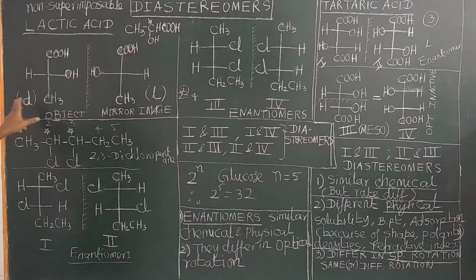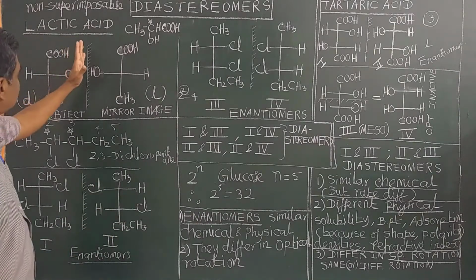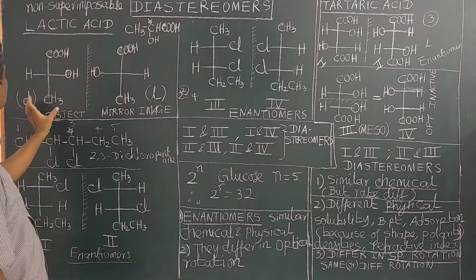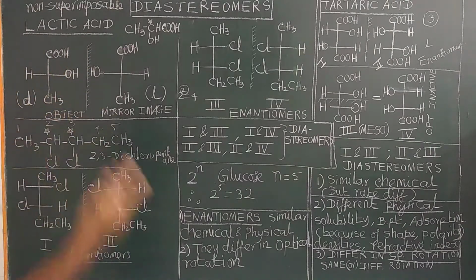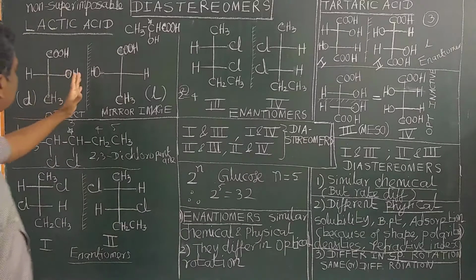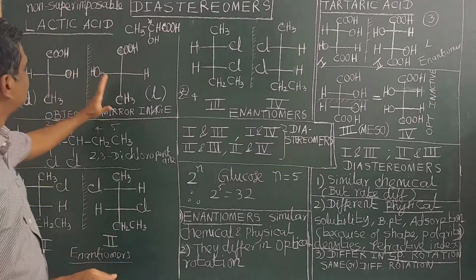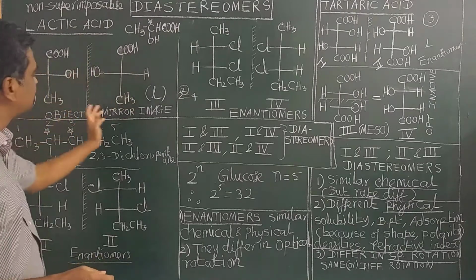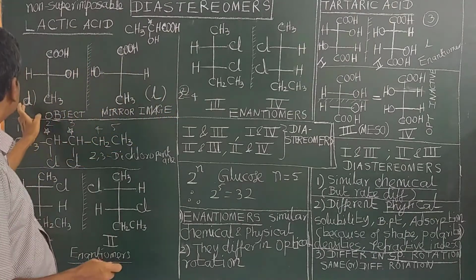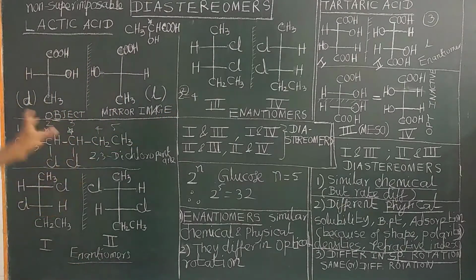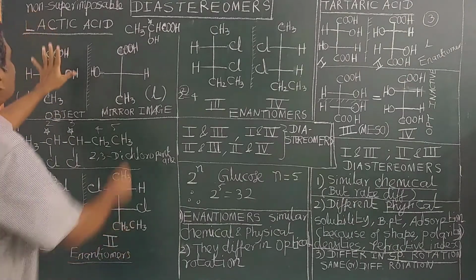Now, if you take the mirror image, in this case the OH group is on the right hand side, and this is considered as the object. Then the mirror image is the dextro-rotatory one. They are non-superimposable.